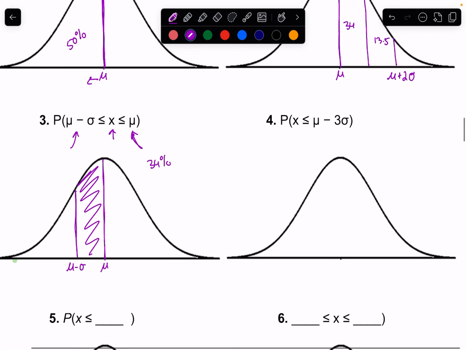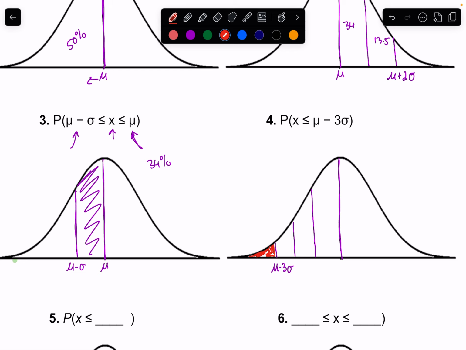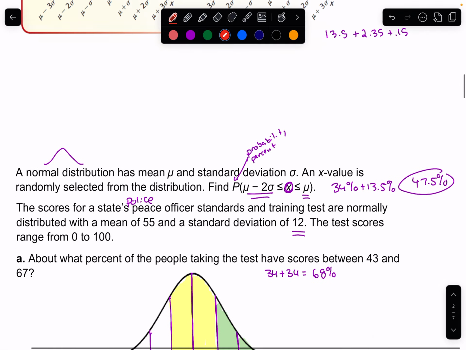Okay, the next one, what if X is less than the average minus 3 standard deviations? All right, well, the average is here. Minusing 3 standard deviations means I go down 1, 2, 3. That's right here. And it wants all the data below that. So it just wants this little teeny tiny section below minus 3 standard deviations.